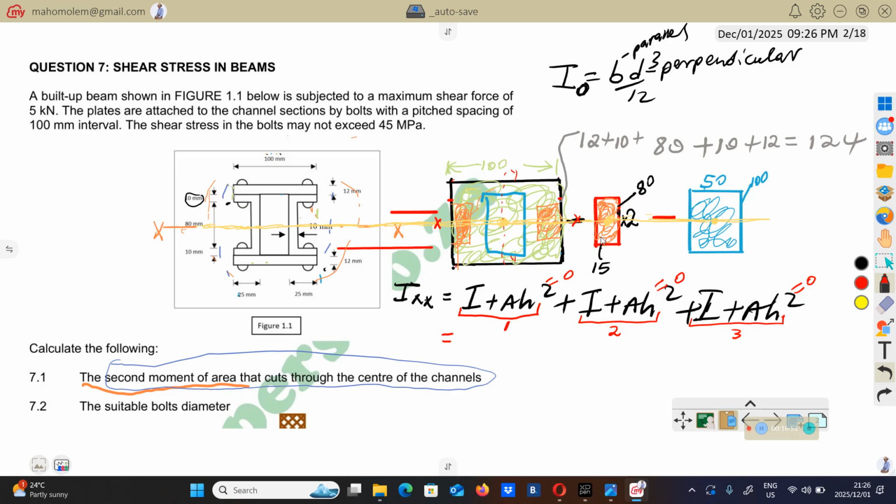The same here, we have two sides, we have 15, this side we have 80. So perpendicular to the longest dimension is XX. So this will be the x-axis of box number 2. Then here we're going to have the same thing, the x-axis of box number 3. So this is 100, perpendicular to the longest dimension is XX. Meaning that here, since we're using parallel axis, here is the x-axis of everything, which is this one.